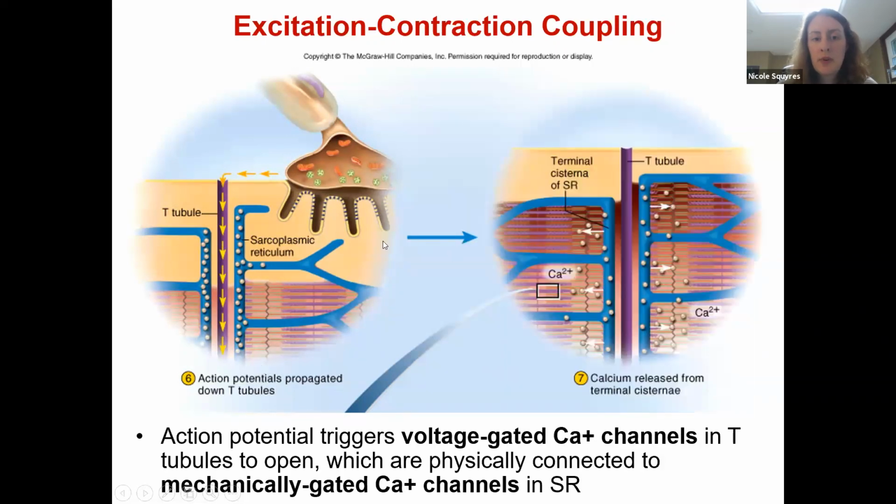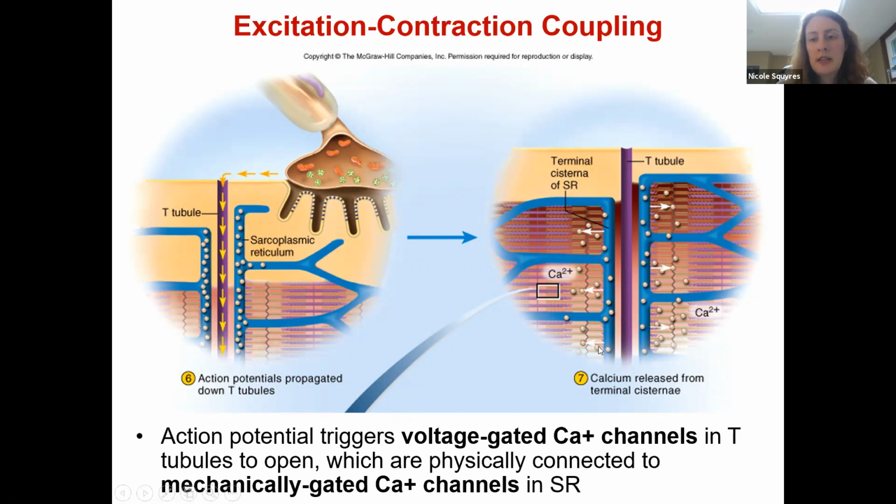And that's really important. Remember that we can see the T-tubule here, and then right here the terminal cisternae of the sarcoplasmic reticulum, which remember is full of calcium ions, these little beige circles here.